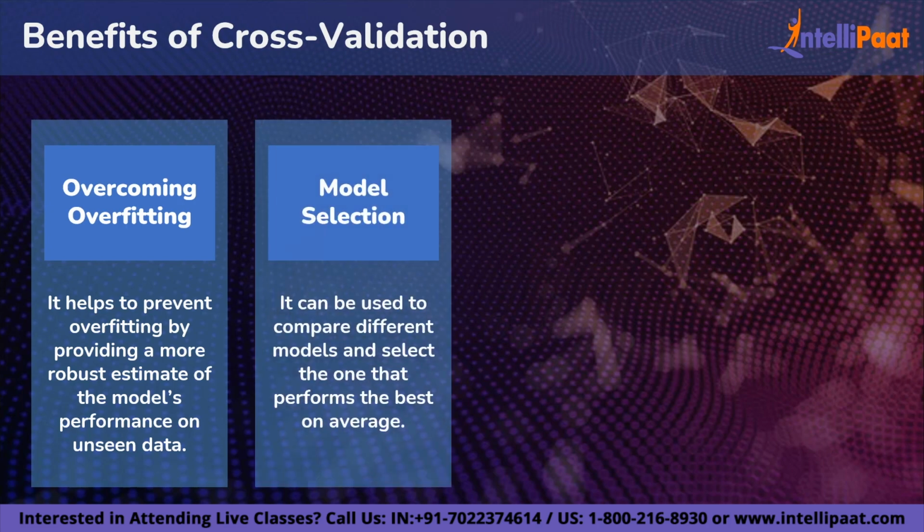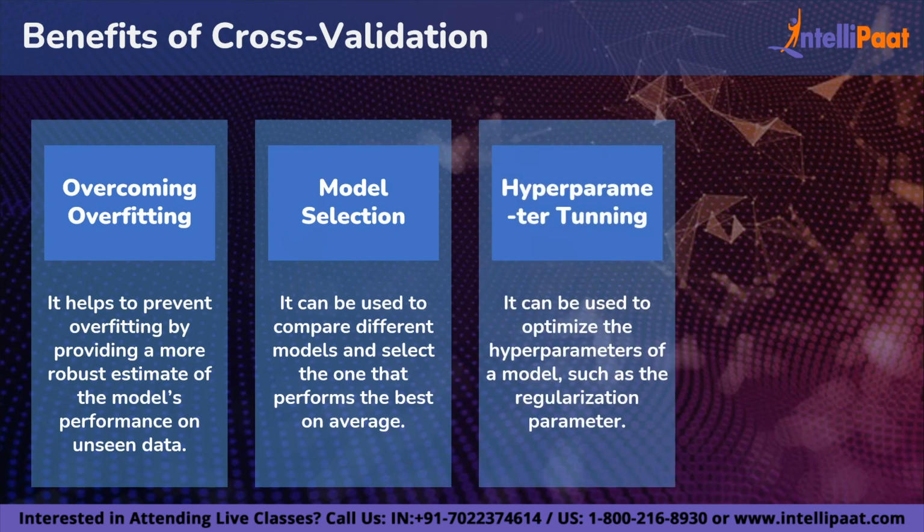Cross-validation can be used to compare different models and select the one that performs best on average. Coming to the third one, which is hyperparameter tuning. Cross-validation can be used to optimize the hyperparameters of a model, such as the regularization parameter, by selecting the values which result in the best performance on the validation set.